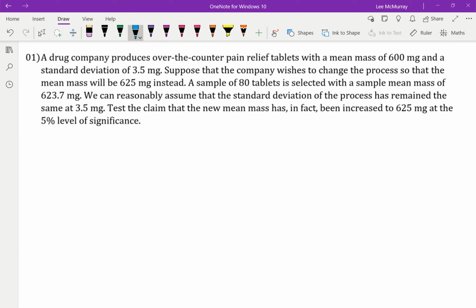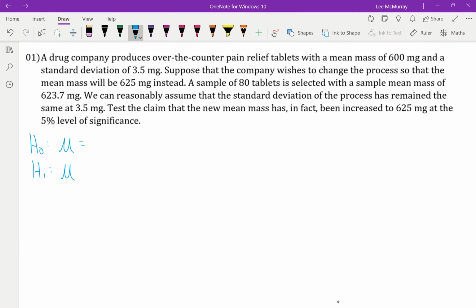Okay, so what we're going to start with is, of course, our H0 and our H1. And remember, we're looking at the claim statement to figure this out, right? So we know for the H0, the mean is going to be equal to something. And then for the H1, it's either going to be less than, greater than, or not equal to.